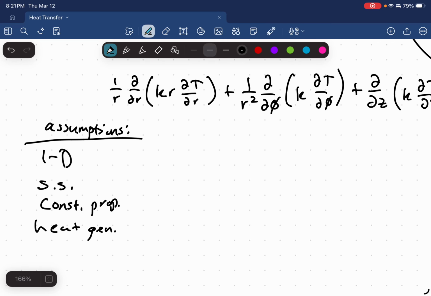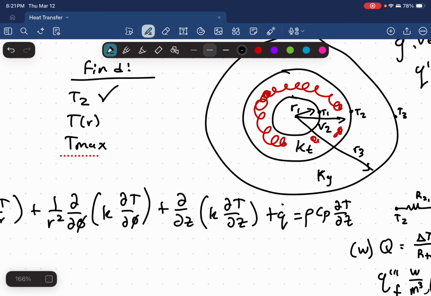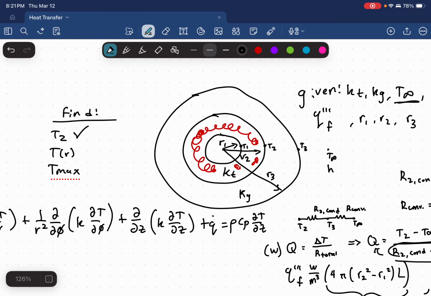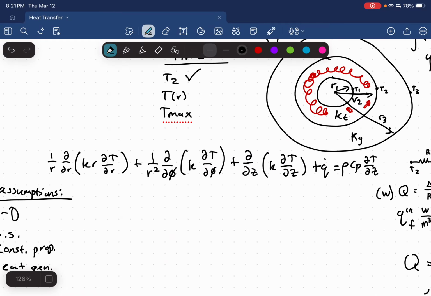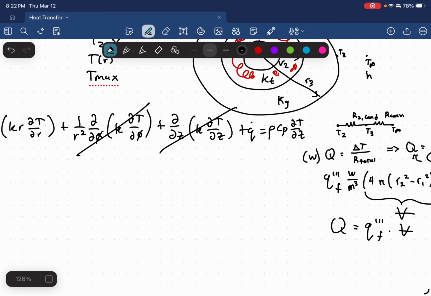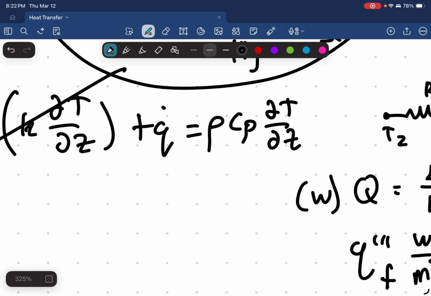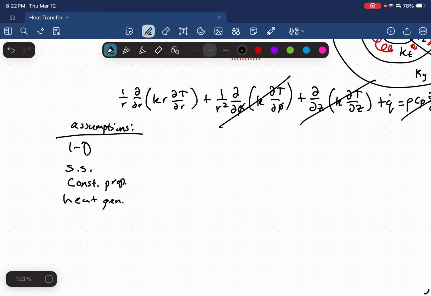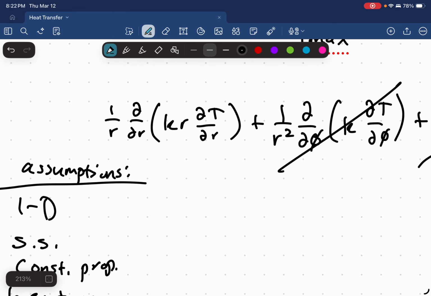Okay, so based on that, if it's 1D, this diagram that we're looking at is the radius basically. So it's only traveling in the R direction. So that means we can cancel out the phi, and we can cancel out the z direction. And since it's steady state, we're going to cancel out the dT over dt. So we're left with the equation.